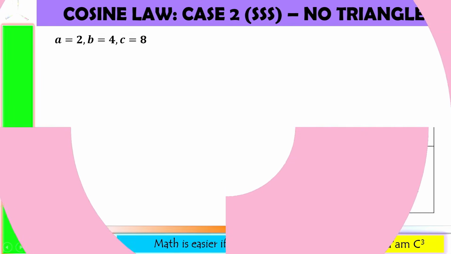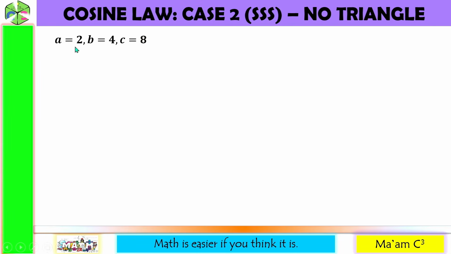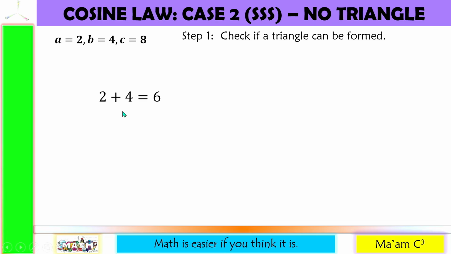Let's have the first example. A is 2, B is equal to 4, and C is equal to 8. If you are given 3 sides, check first if a triangle can be formed. That will be our first step. And how do we do that? We add the 2 shorter sides. In here, 2 plus 4 is equal to 6. And then we are going to compare the sum of the 2 shorter sides with the longest side.